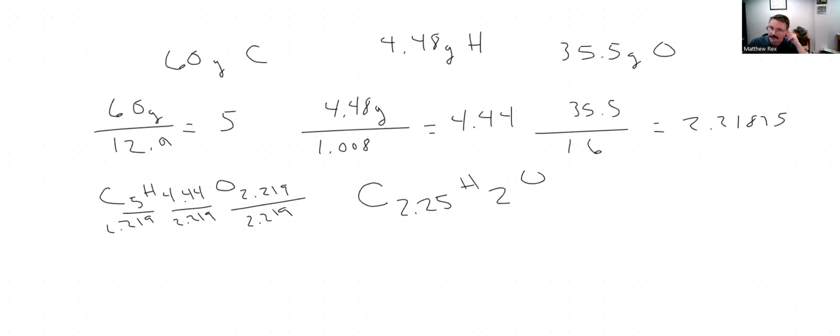So we're getting closer. Well, that 2.25 as a fraction would be a 4th. So if I want to cancel that, I would multiply the whole thing through by 4. And then that 2.25 becomes 9, our 2 becomes 8, and our 1 becomes 4. So we should have C9H8O4 as our final empirical formula for that particular compound.